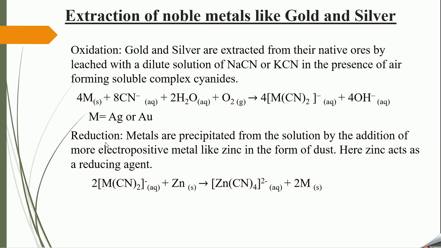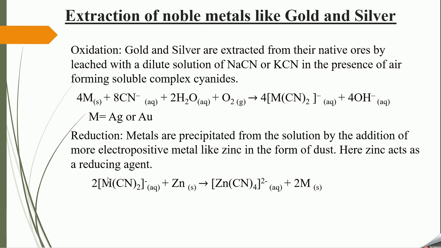And in the second step, that is reduction, metals are precipitated from the solution by the addition of more electropositive metals like zinc in the form of dust. Here zinc acts as a reducing agent. Here metal cyanides are reduced to give free metal.